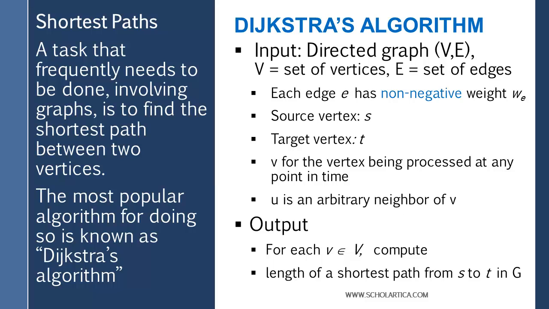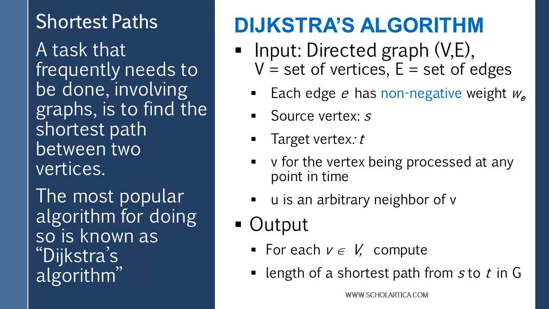Okay, throughout our discussion, S and T are going to denote two particular vertices in the graph, and S is going to be the starting vertex for the path that we're trying to find, and T is going to be the vertex that we're trying to get to.